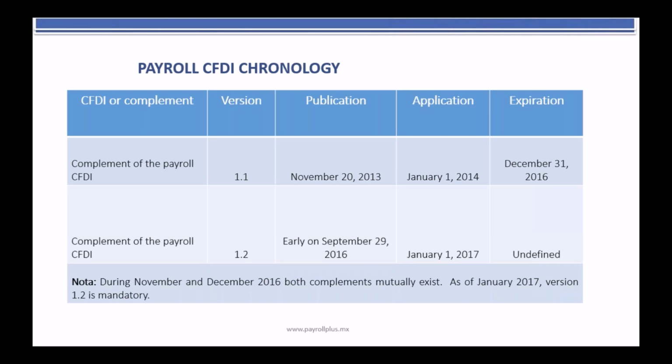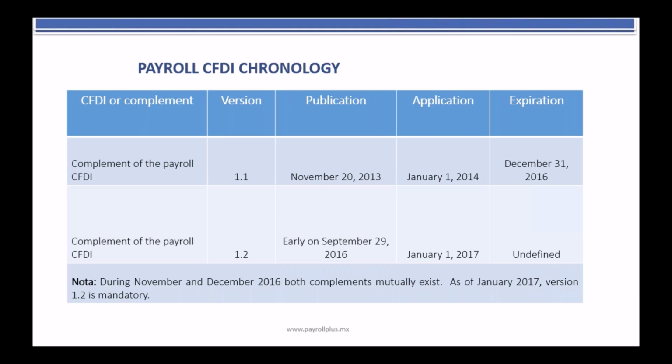Now, as I mentioned, the complements are mandatory to use 30 days after they have been released on the authority's website. Version 1.2 was released early on September 29, 2016. So if we go by that regulation, we would be obligated to use version 1.2 right now.